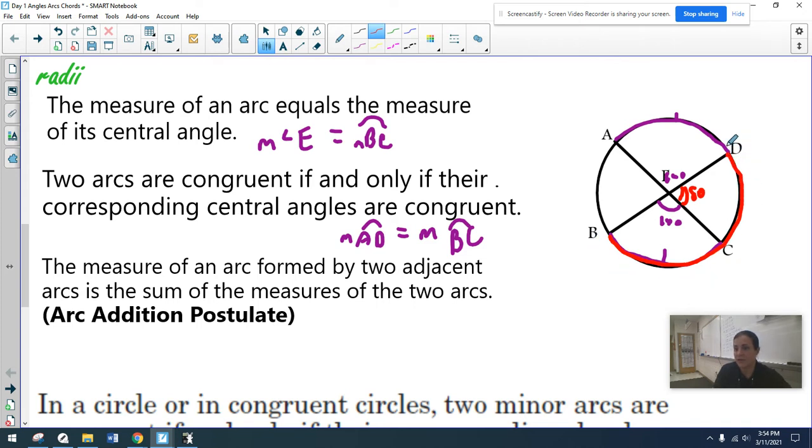So if they're asking you for arc BCD, all you would have to do is add this angle and this angle. So it gives you the endpoints, which is what I want. This part right here is 80, and this would be the 100 right here. So you would just add up these two arcs to get 180. That's called the arc addition postulate. You're just adding arcs.